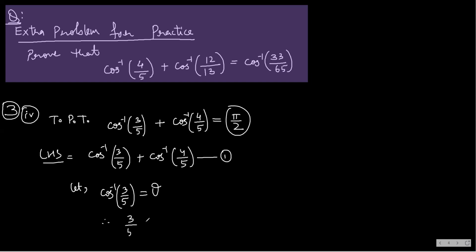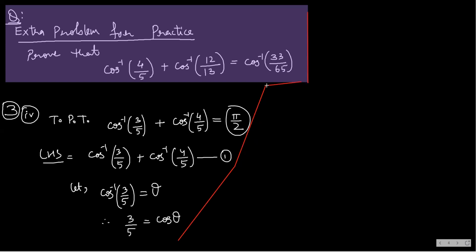Therefore 3 upon 5 will be cos theta. If I want to change this to sine inverse, I should first try to find sine theta. If I could get sine theta, then I'll be able to get sine inverse.